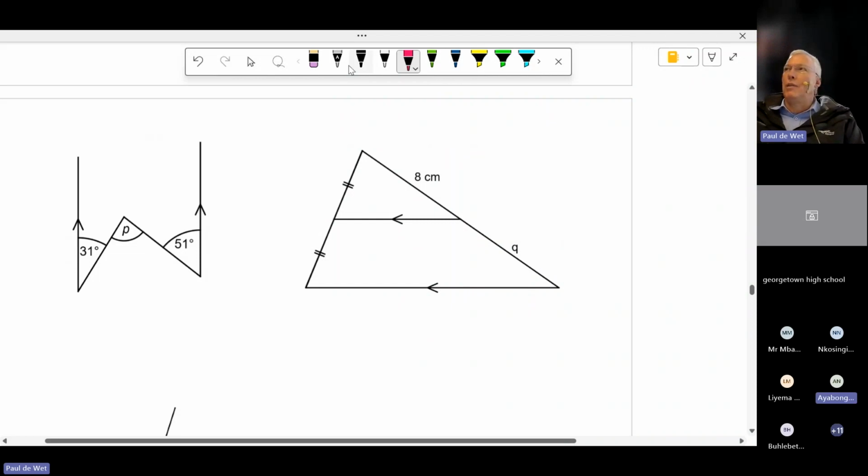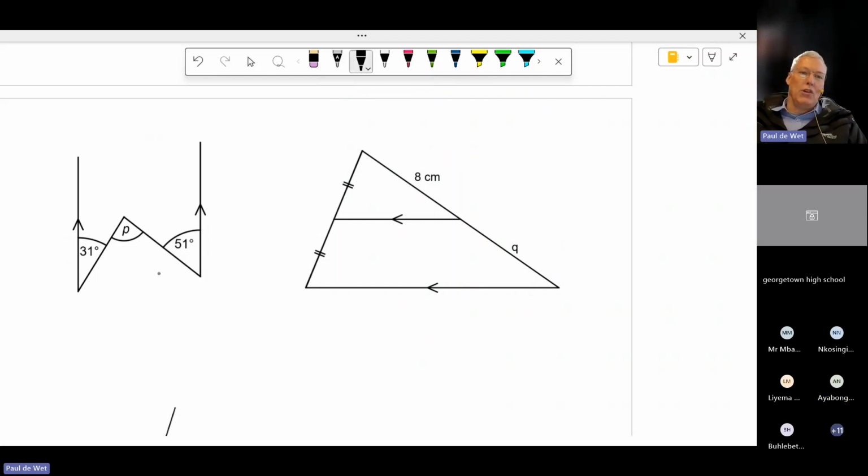This one over here is a little bit tricky. What we're going to do is draw in another parallel line here. I'm going to try and do that a bit better. Still not very good.